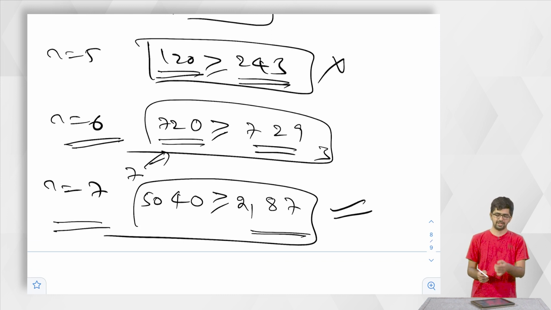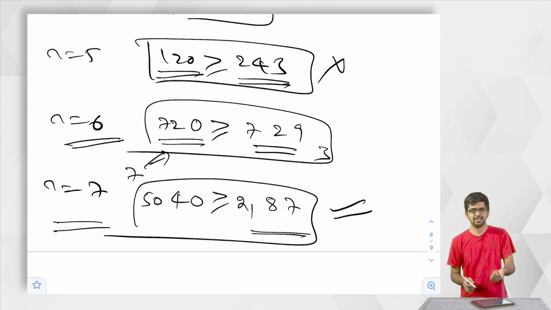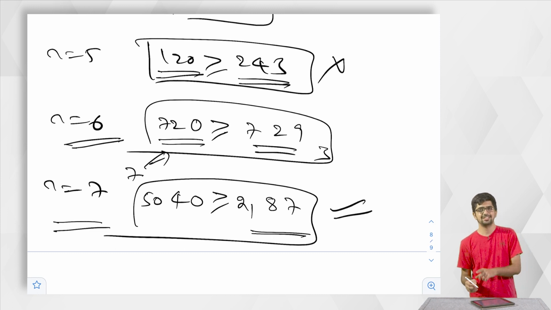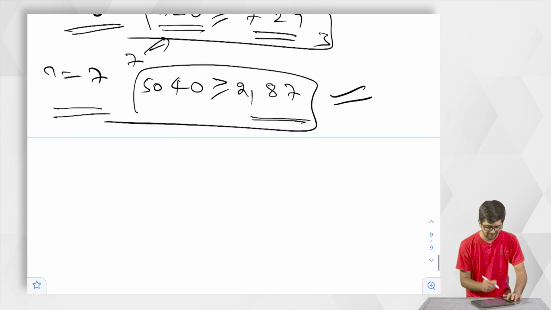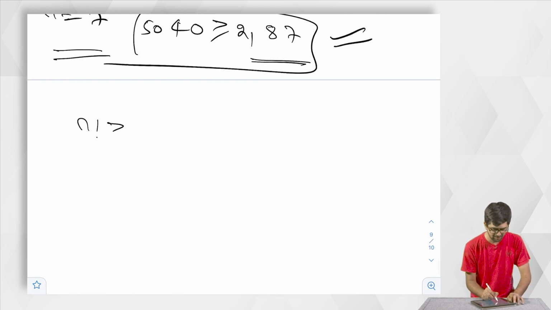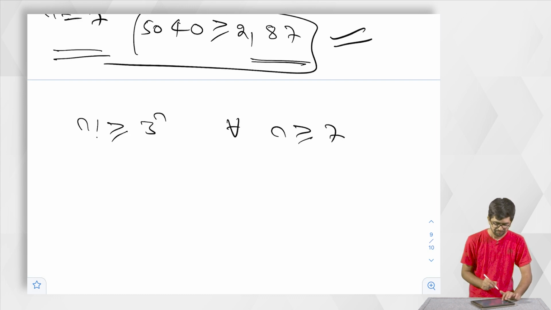Afterwards also what I am doing is I am multiplying the left side by an element that is greater than 7, on the right hand side by the element 3 every time. So this says: n factorial is greater than or equal to 3 power n for every n greater than or equal to 7.